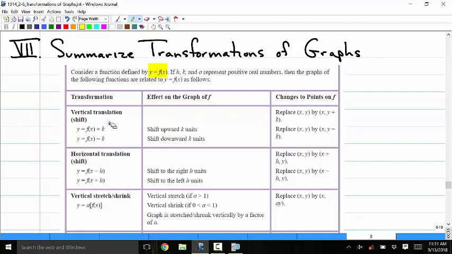If you had something like x squared minus 7, that moves it down. If you had, with the x value, say x minus 2 cubed, x minus 2 cubed goes to the right. If you had x plus 2 quantity cubed, that would move it to the left.